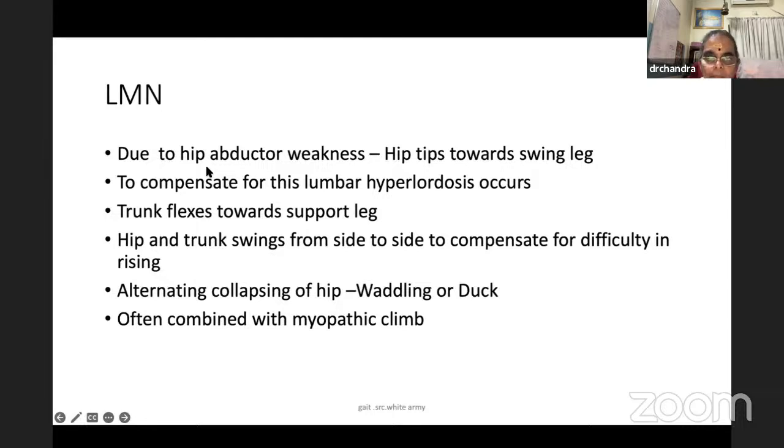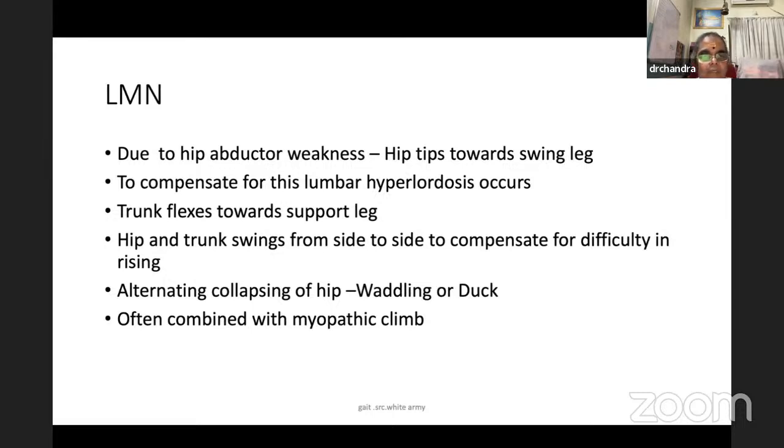LMN, hip abductor weakness means the hip tips towards the swing leg. So there will be a Trendelenburg effect. To compensate for this, lumbar lordosis will occur. So the leg will tilt out and down, with exaggerated lumbar lordosis. And the trunk flexes towards the support leg.